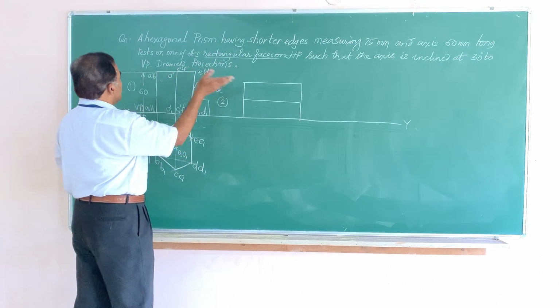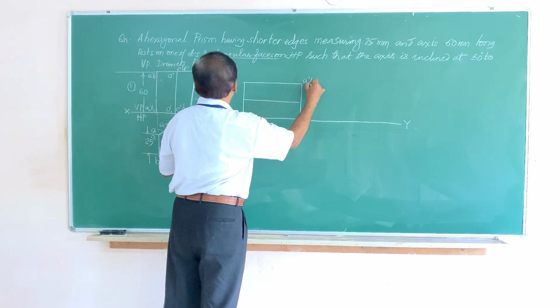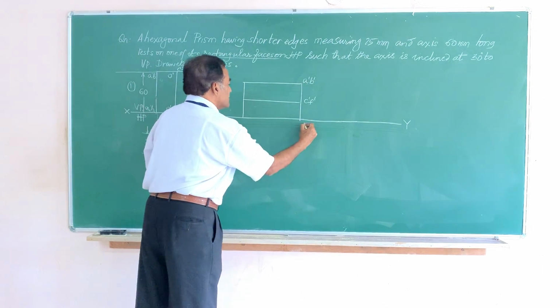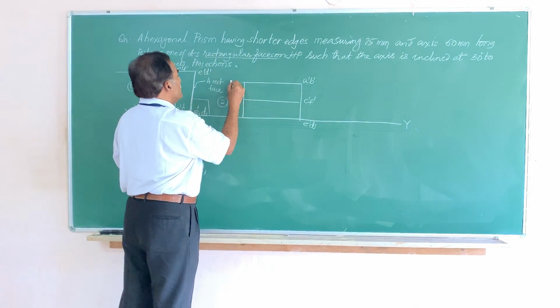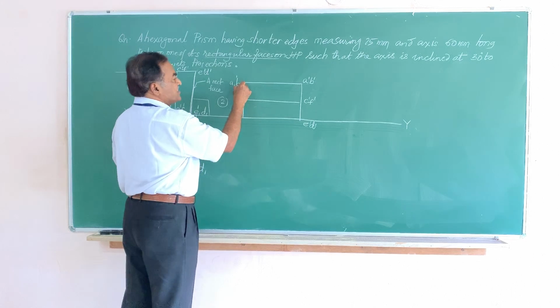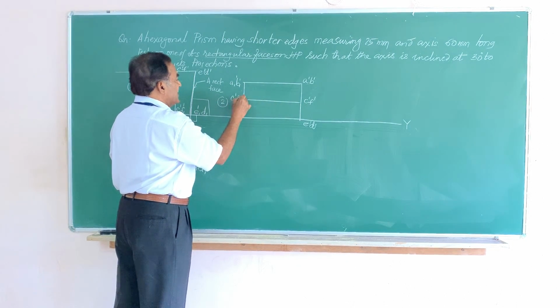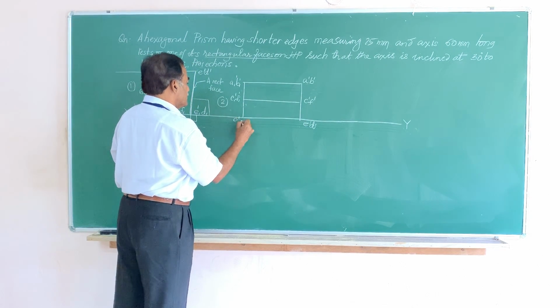So if you draw like this, you will have A dash, B dash, this is C dash, F dash, next point is E dash, D dash. Similarly for the bottom face, you have A1 dash, B1 dash, then C1 dash, F1 dash, bottommost line is E1 dash, B1 dash.